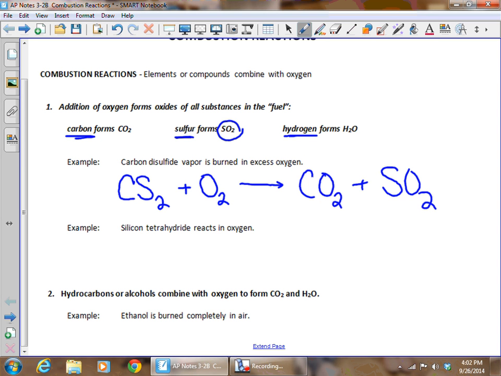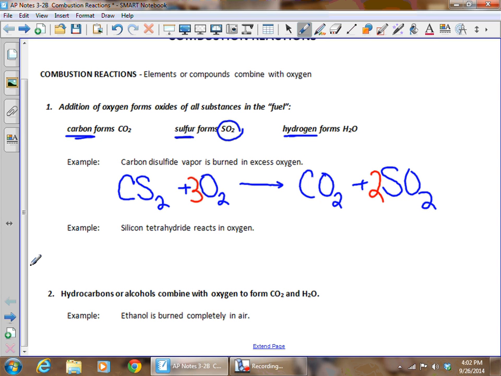Now, when we balance it, we're going to need a 2 to balance those sulfurs. That gives us 4 oxygens from the SO2 and 2 more, so there's 6 oxygens. So we're going to need a 3 in front of the oxygen in order to balance that reaction.